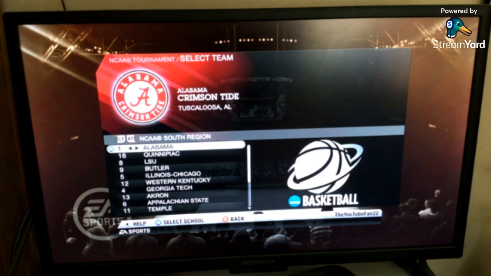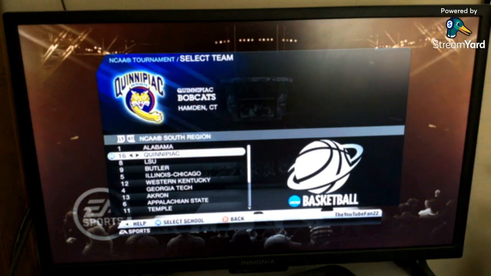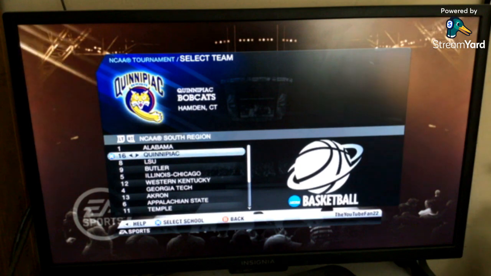We'll go ahead and go with Texas A&M Corpus Christi as the 16th seed. And if we need to replace one more team, then we'll choose Southeast Missouri.